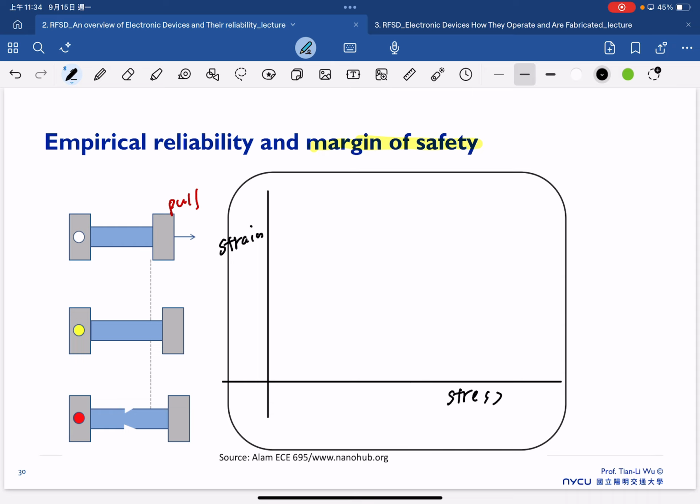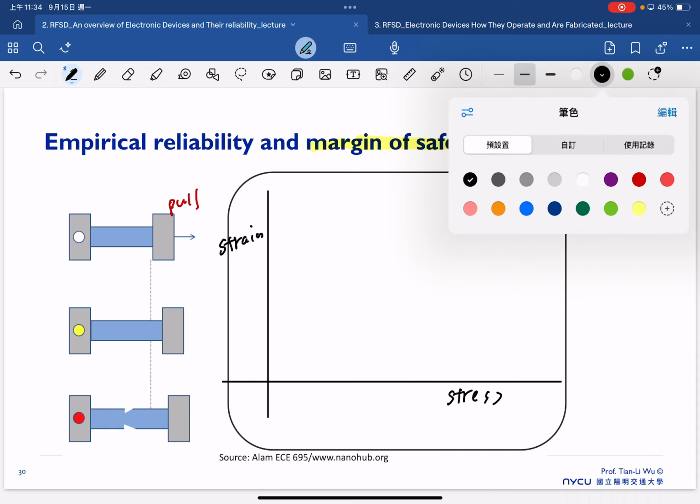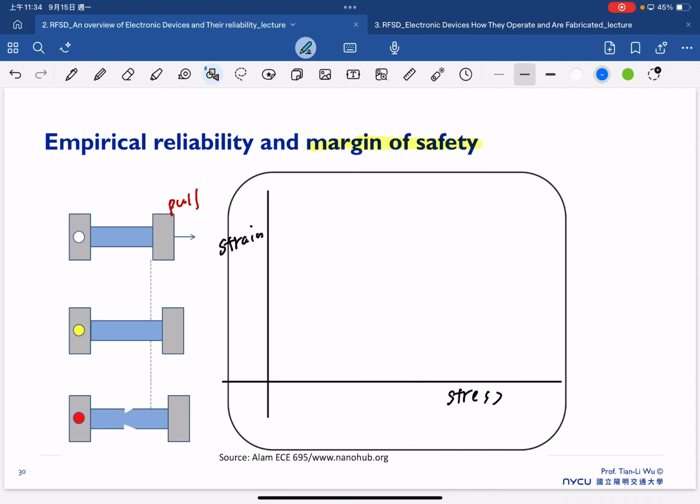So you can first expect that as you apply the stress larger and larger, then your string will suffer a higher and higher strain. So this is the initial phase, and then the second, the yellow one will be here.